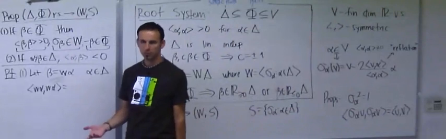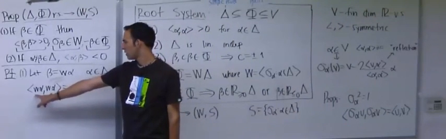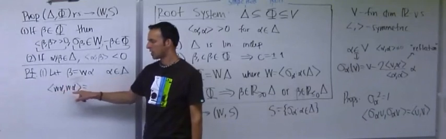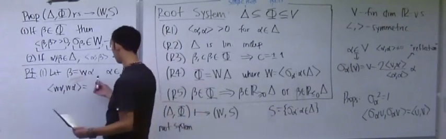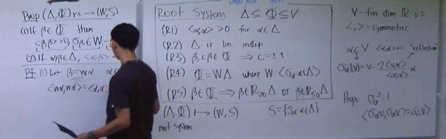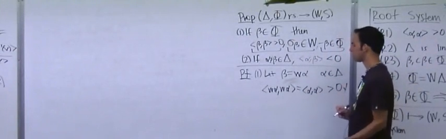Each reflection preserves the form, the inner product. And so that means that when I combine them, I still preserve the inner product. So these guys have the same inner product as alpha and alpha, which by R1 is positive. So that's the first one.